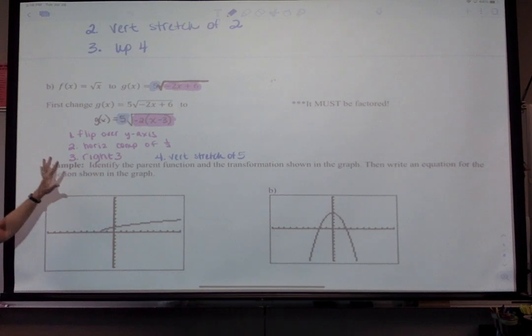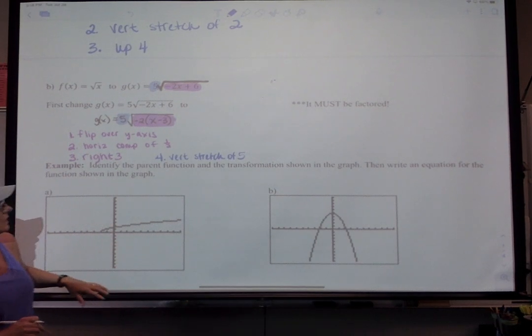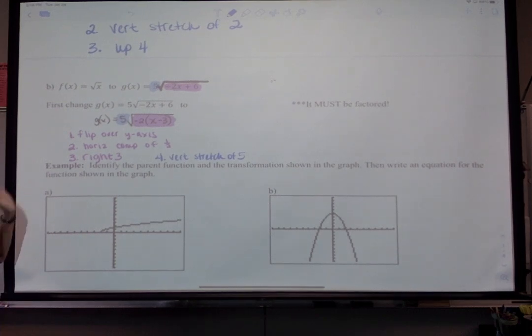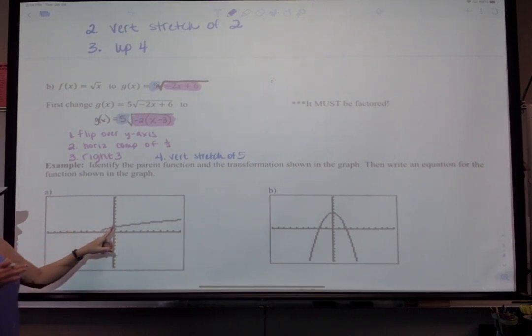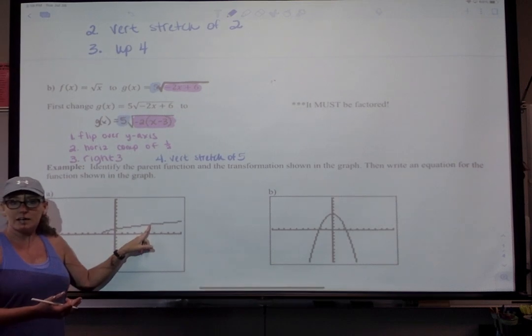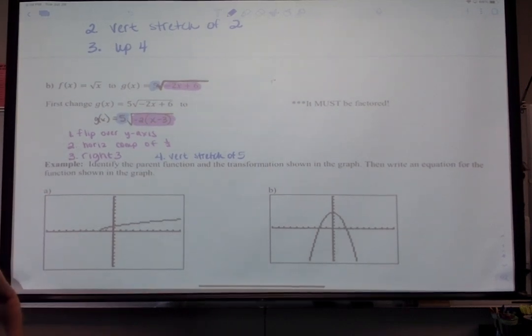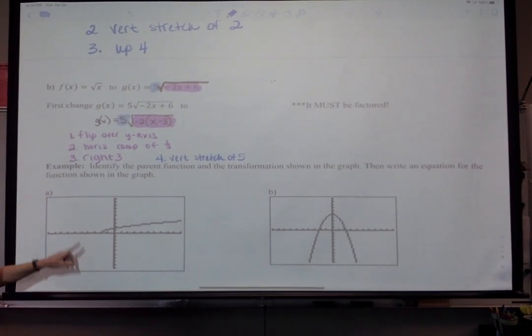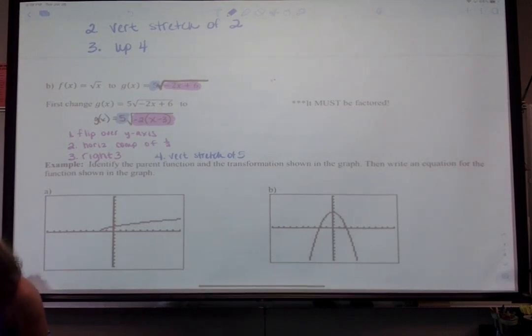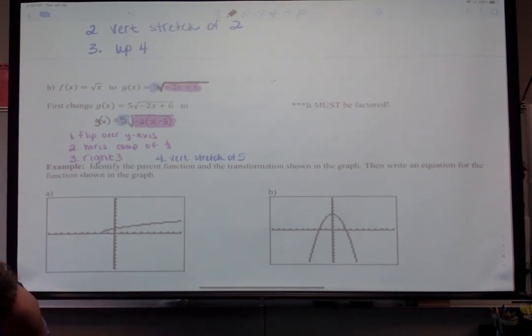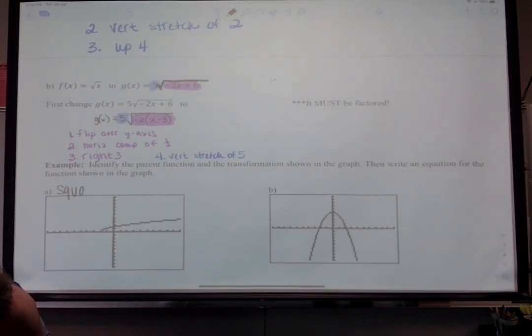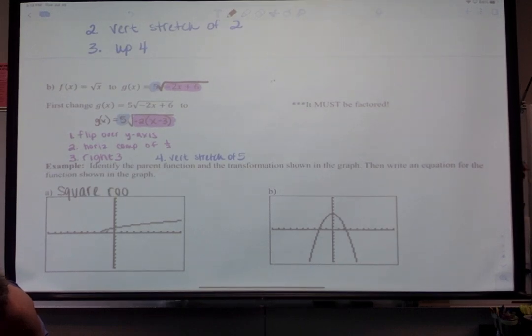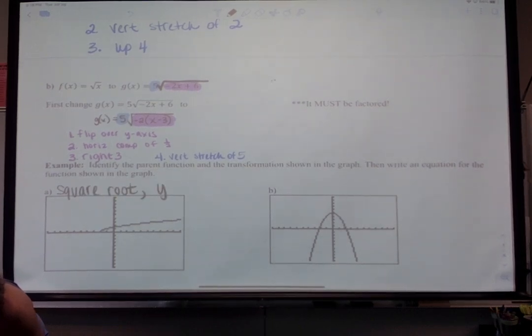Okay, now, what takes place down here is just some real simple transformations. What's it say? Identify the parent function. So here's what I'm going to do. I'm going to call it by name, square root. That's what it looks like.